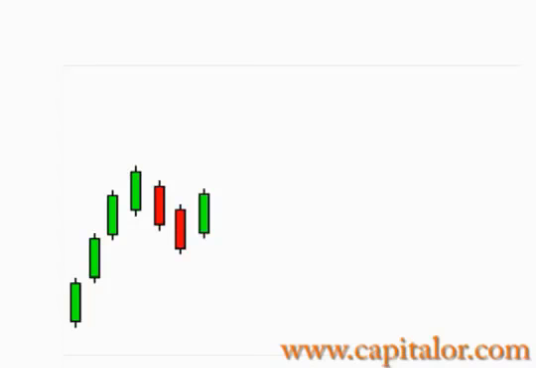This simulation begins with the candles beginning to move up. 1 candle, 2 candles, 3 candles, and it stops at 4 candles and reverses, going down 2 candles, then moves up 1 candle, and now you can see that it has made a little high at the top here to the left, and this little top is the left shoulder.